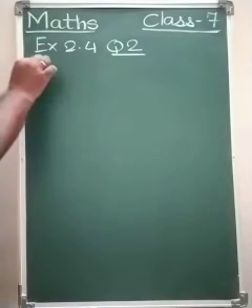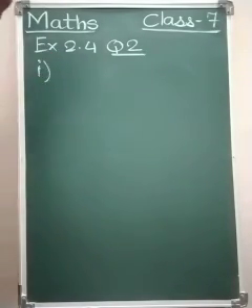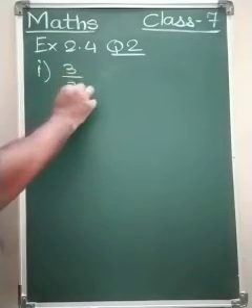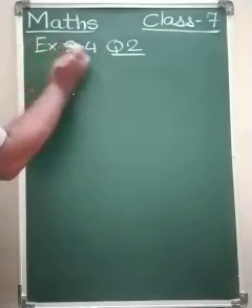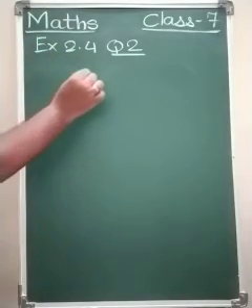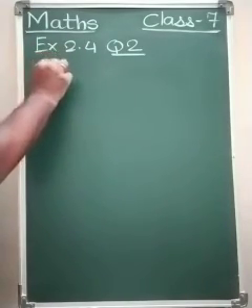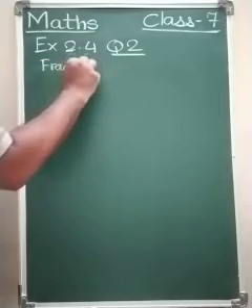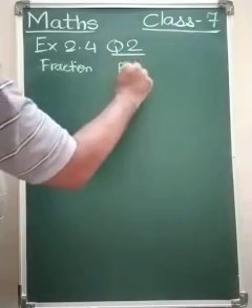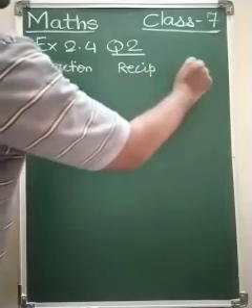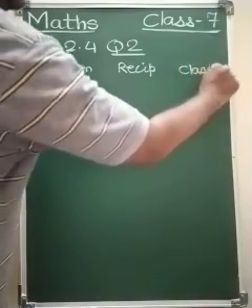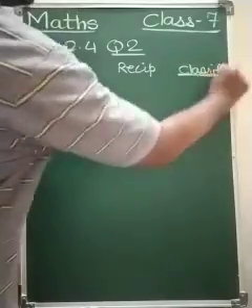Okay, the first sum. The first fraction is 3 upon 7. What we will do? Here we will write down fraction, reciprocal, and here classification.